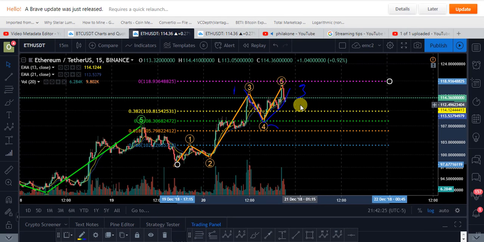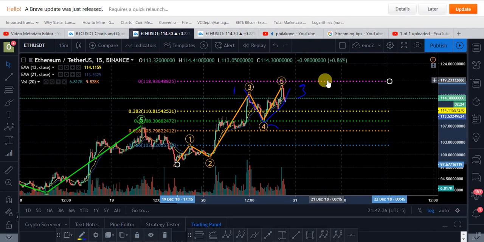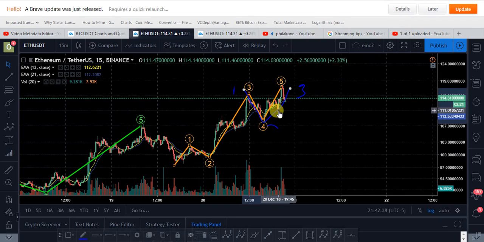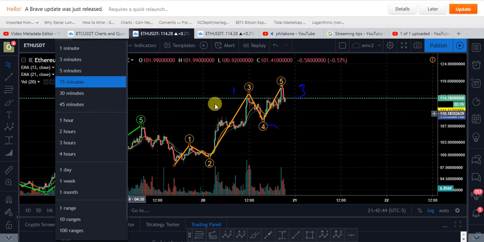So when you look at the 15 minutes chart, you can see what's going on, right? But in a 4-hour chart, you cannot see all these details, right? So let me just go back. So in a 4-hour chart, we say we kind of retrace back to 109 to 110, right? And in a 15 minutes chart, you can see we say we're going to retrace back to 110, right?